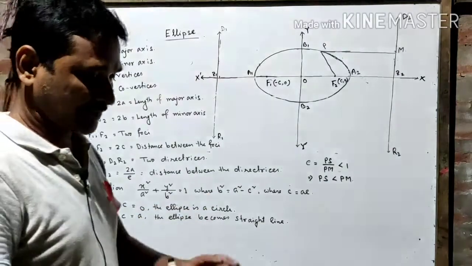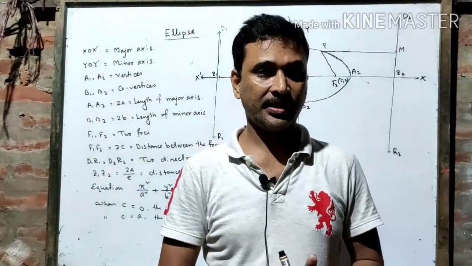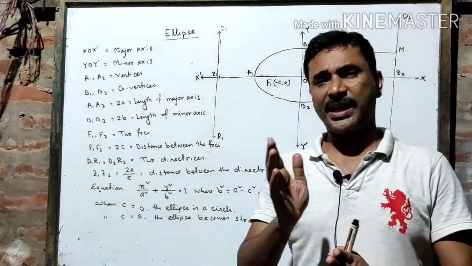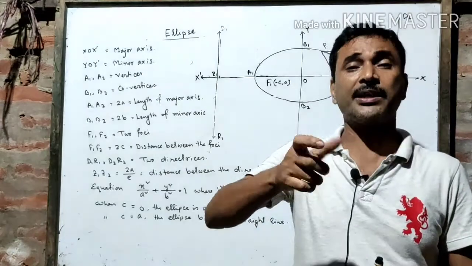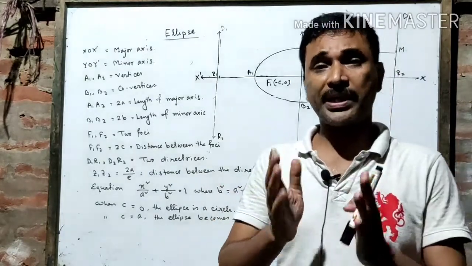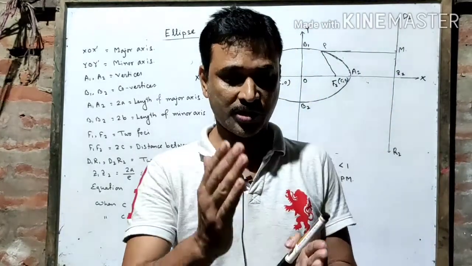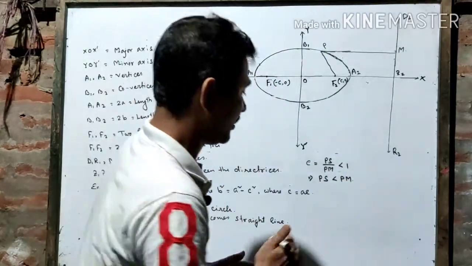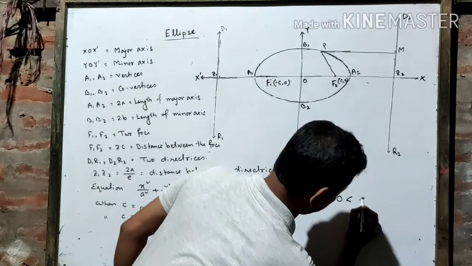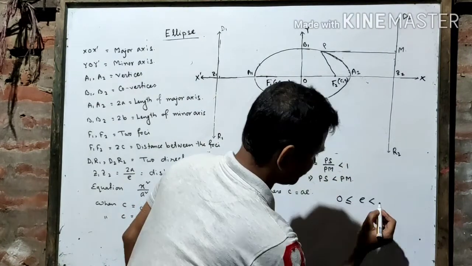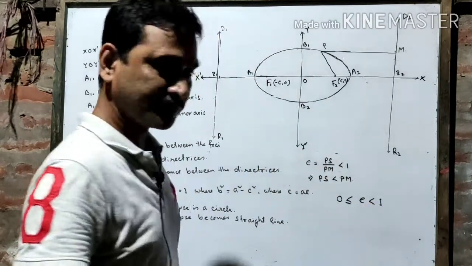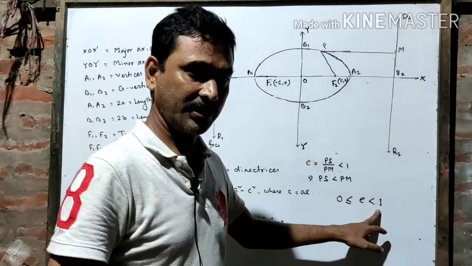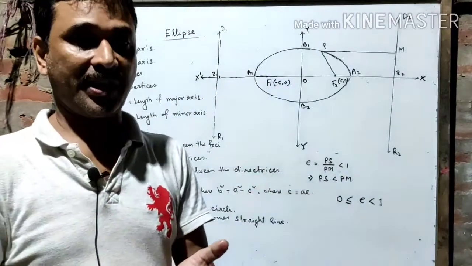Now, depending on the value of E, the ellipse will take different shapes. A is a constant, and what varies is E. The eccentricity of an ellipse lies between 0 and 1, and depending on this value of E, the ellipse will take different shapes.